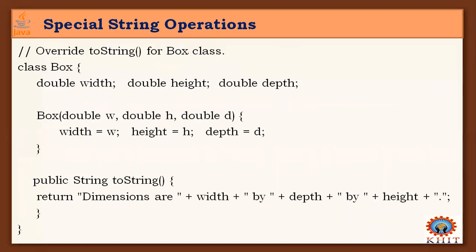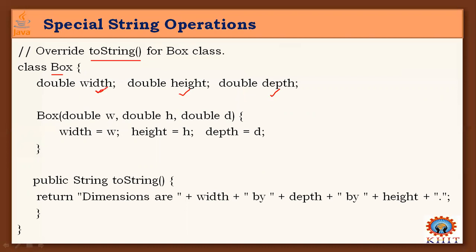To understand that, I'm adopting the basic example we have used in many concepts in Java, the Box example, to override the toString method of the Object class. So I have a Box class with data of the box like width, height, and depth.